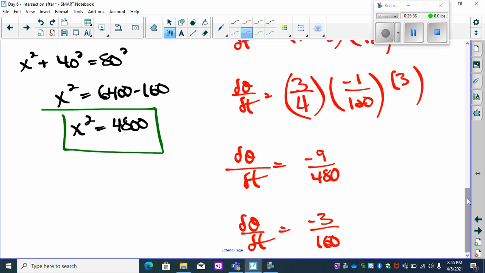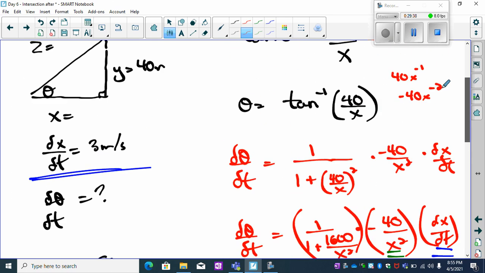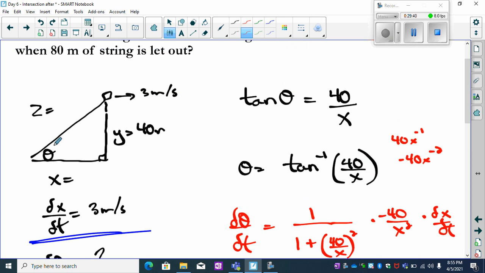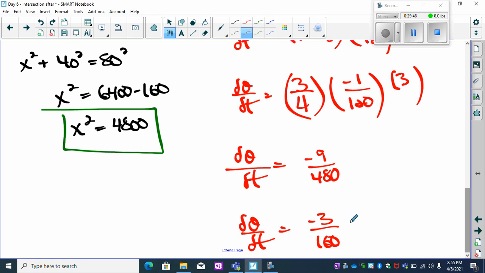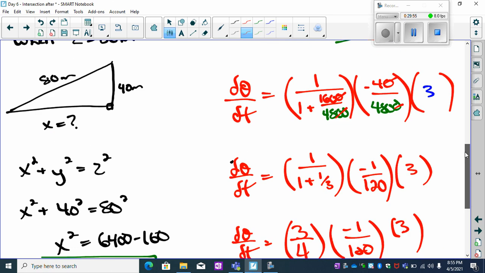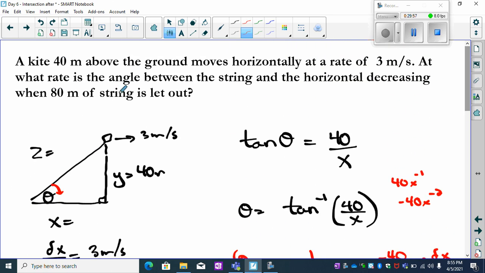And slap some units on this one. Now the units in this one are, we're actually finding the rate at which this angle is decreasing. Well, that angle theta would be measured in radians. Remember, it's d theta over dt, so the time would have to match up with the time in this, which is seconds.